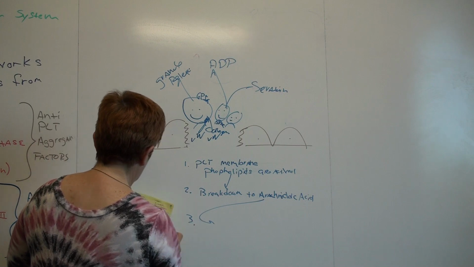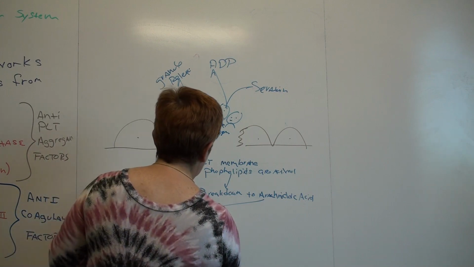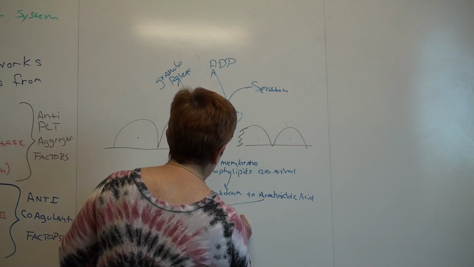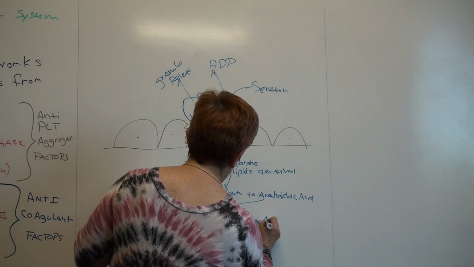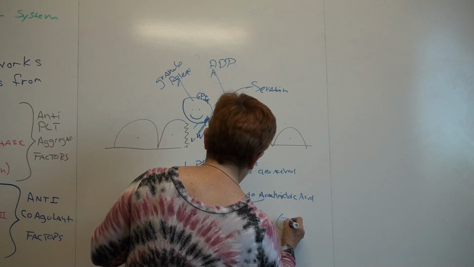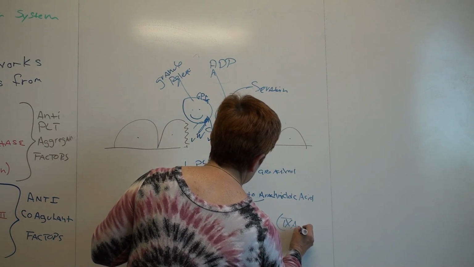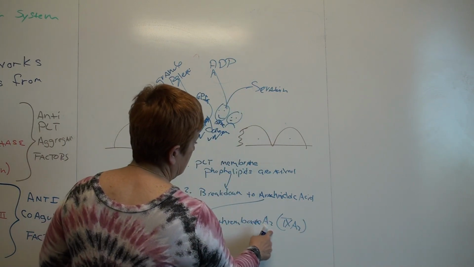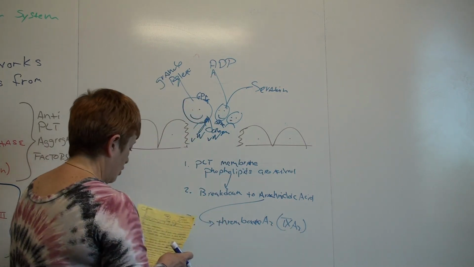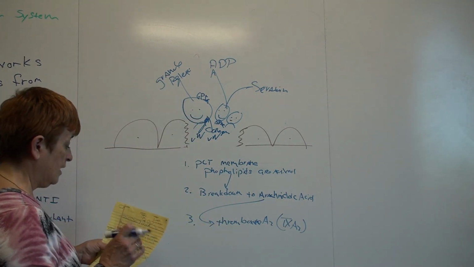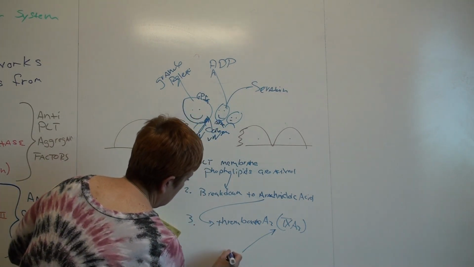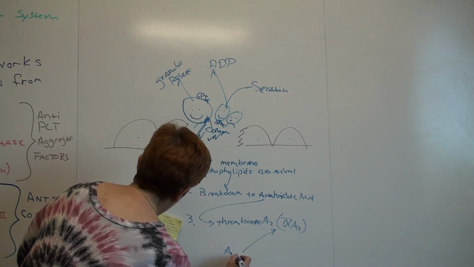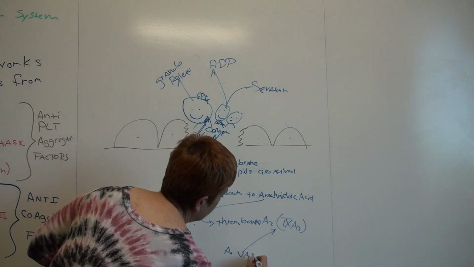I care because arachidonic acid goes to thromboxane A2, which we're going to abbreviate TXA2. Well, what do I care? I care because thromboxane A2 is a vasoconstrictor.